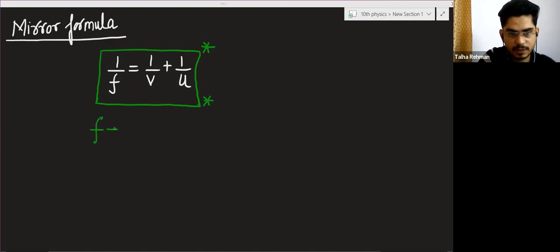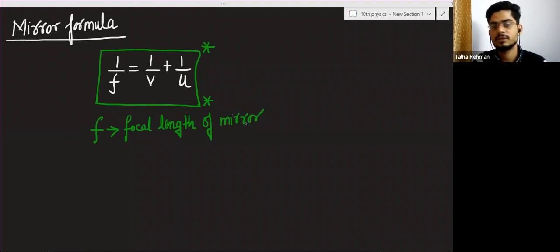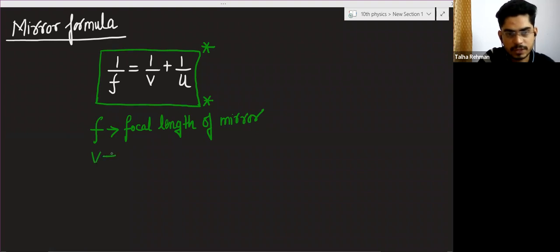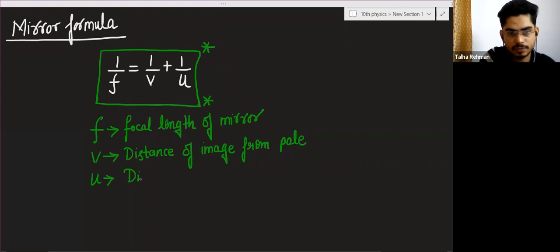Here f is the focal length of mirror, whether it is concave or convex. v is the distance of image from pole. u is the distance of object from pole.